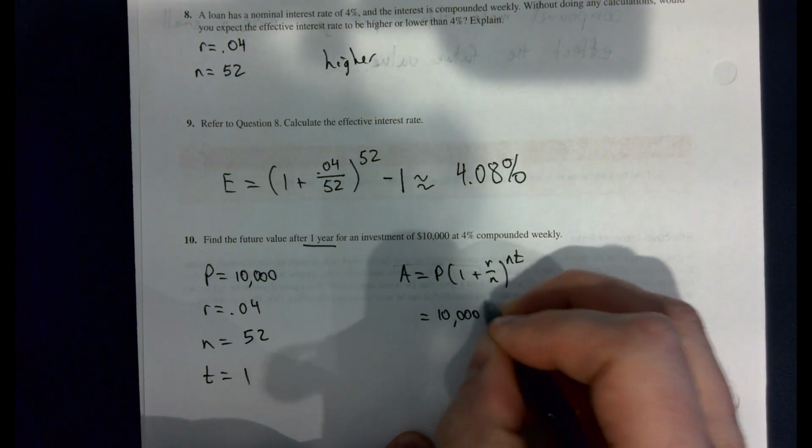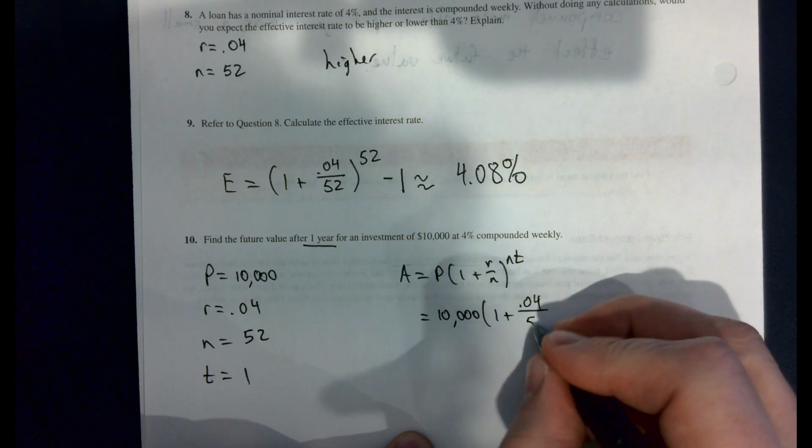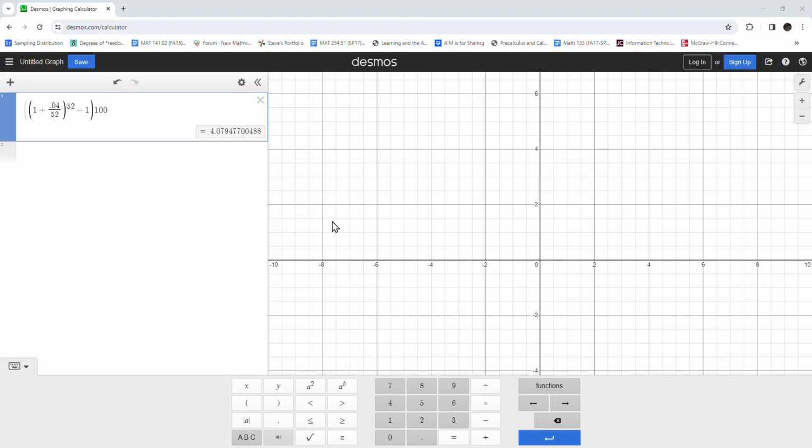Okay, plug and chug, here we go. Again, this is a Desmos sort of situation. Let's make that 10,000, of course. 1 plus 0.04 divided by 52 raised to the 52nd power.